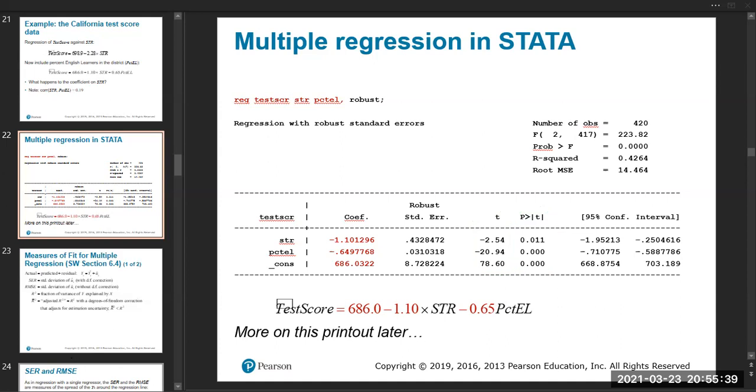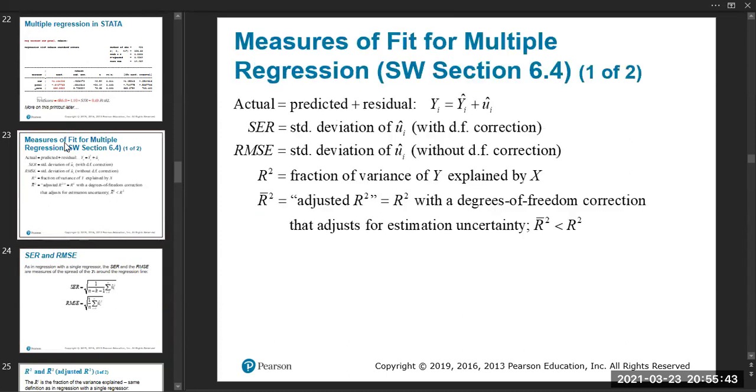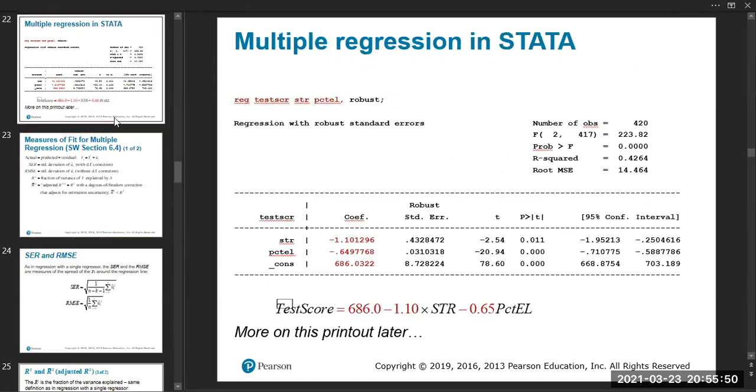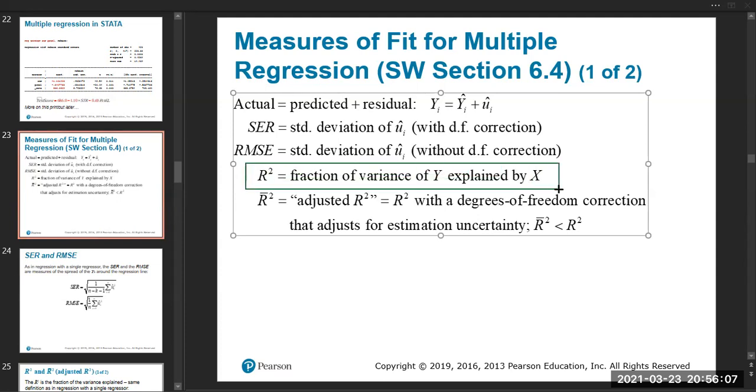I want to talk a little bit about SER and, oh no, too fast. Measures of fit. So we're pretty much done with the introduction part of multiple regression. Now let's move on to measures of fit. R squared is still one of our most important things. This is what you always need to know, which is the fraction of variance of y explained by x.